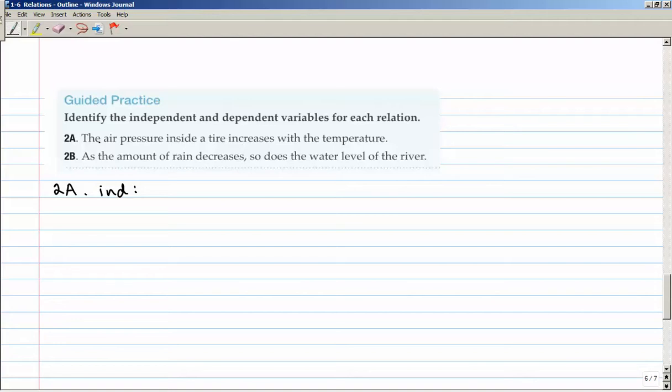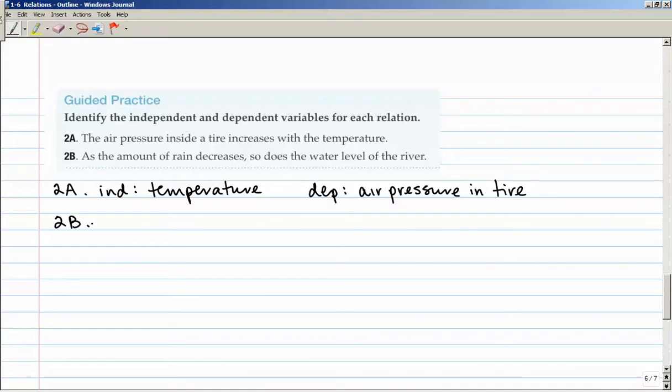So the air pressure inside the tire is dependent on the temperature. So your independent variable is going to be the temperature, because as the temperature goes up, so too does the air pressure in the tire. And then your dependent variable is going to be the air pressure in the tire. The air pressure in the tire depends on what the temperature is.